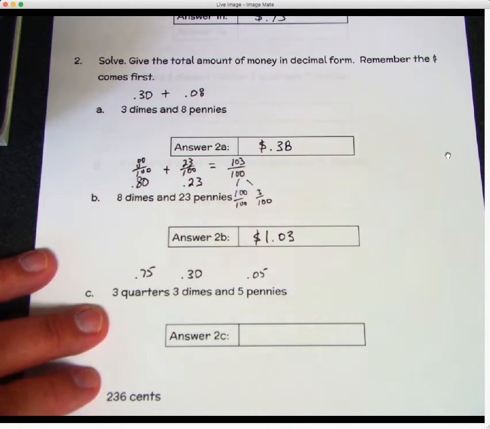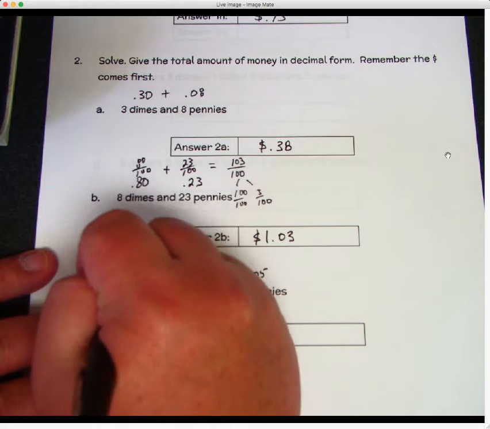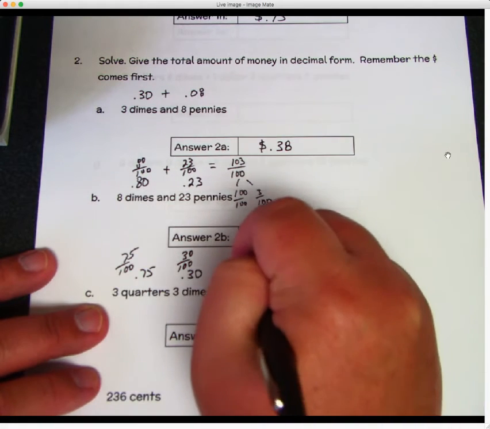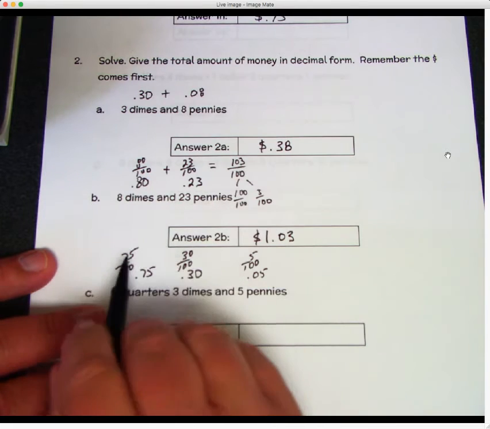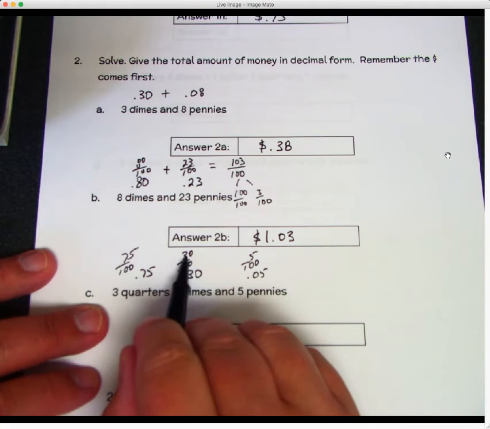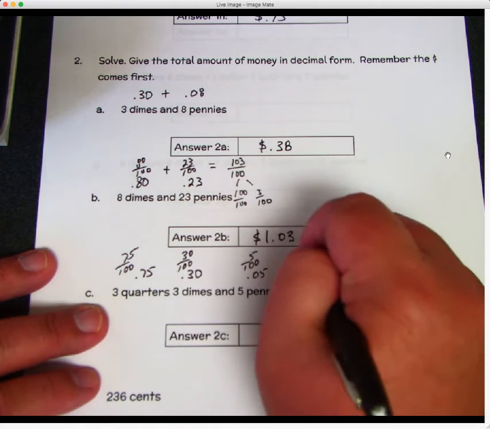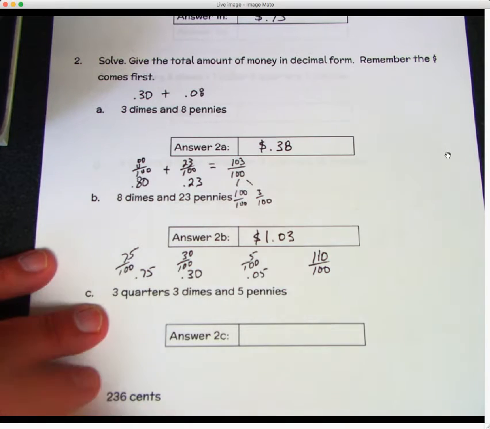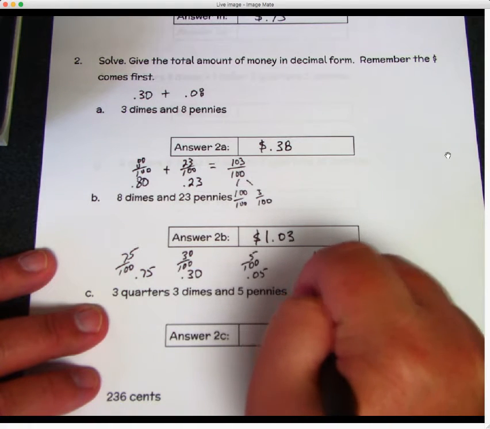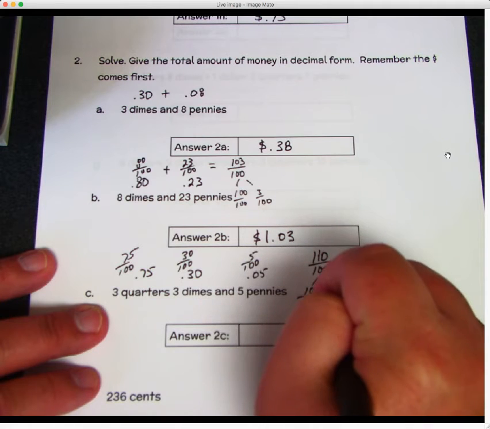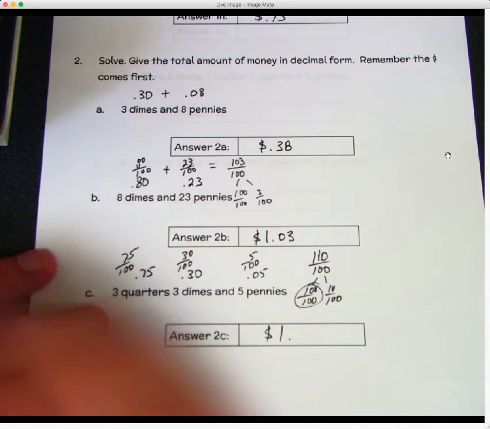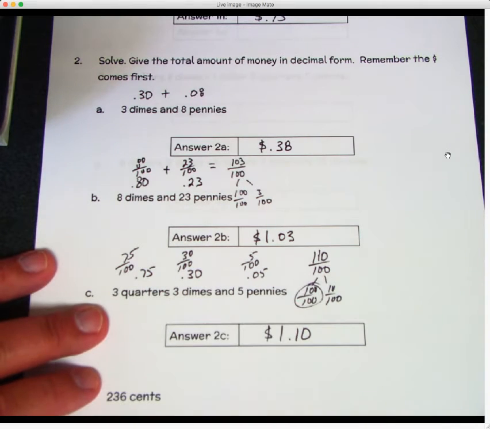Does it help you to write these as fractions? 75 hundredths, 30 hundredths, 5 hundredths. 75 plus 30 is 105, plus 5 is 110 hundredths. Decompose 100 hundredths, 10 hundredths. That's $1 whole dollar and 10 cents more.